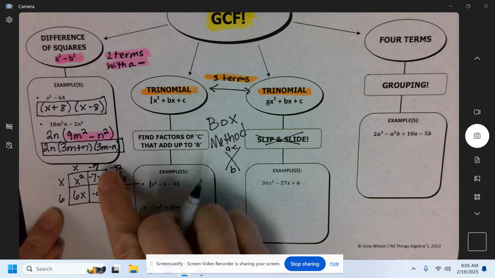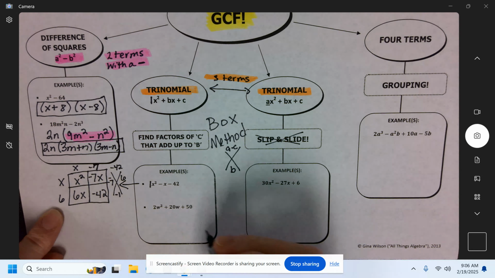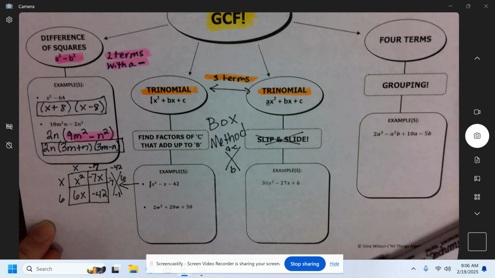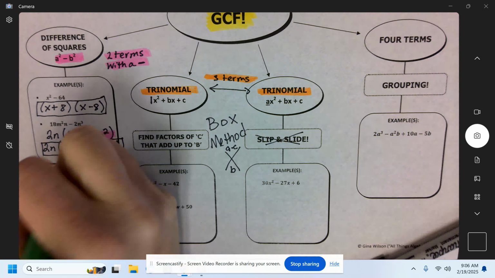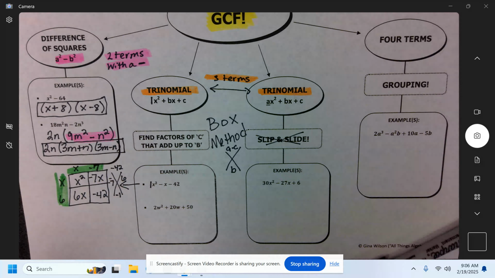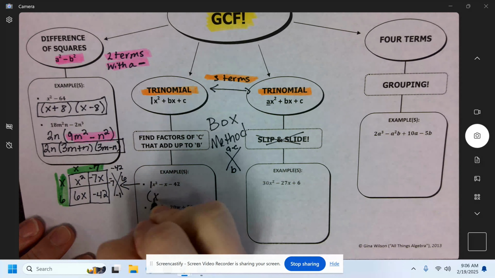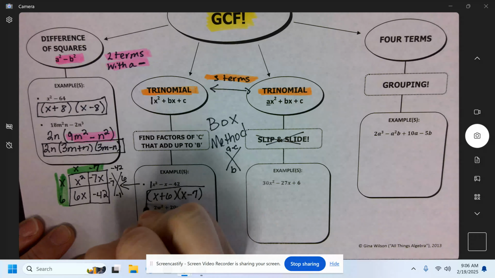Is 6 times negative 7 equal to negative 42? And it is. So then what's outside the box is our answer. Let me get a different color here. So what's outside the box is our answer. So our answer would be x plus 6 times x minus 7.